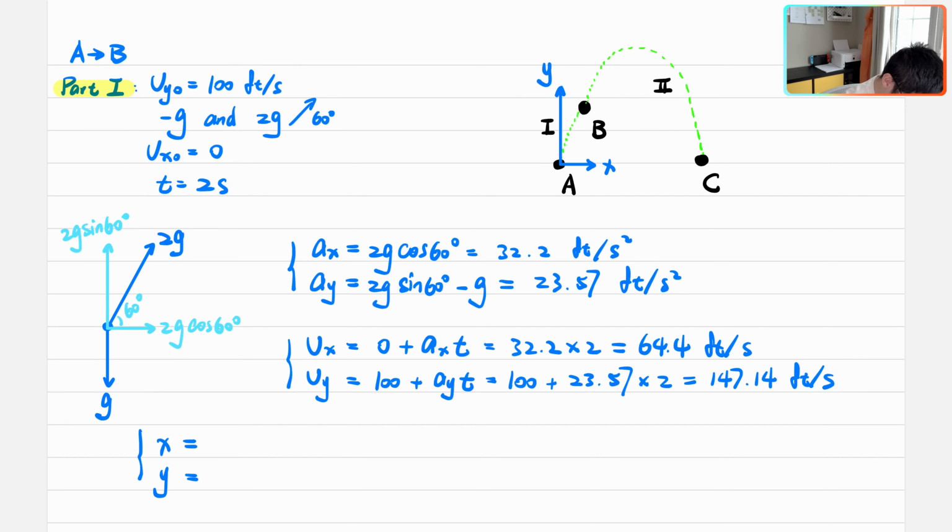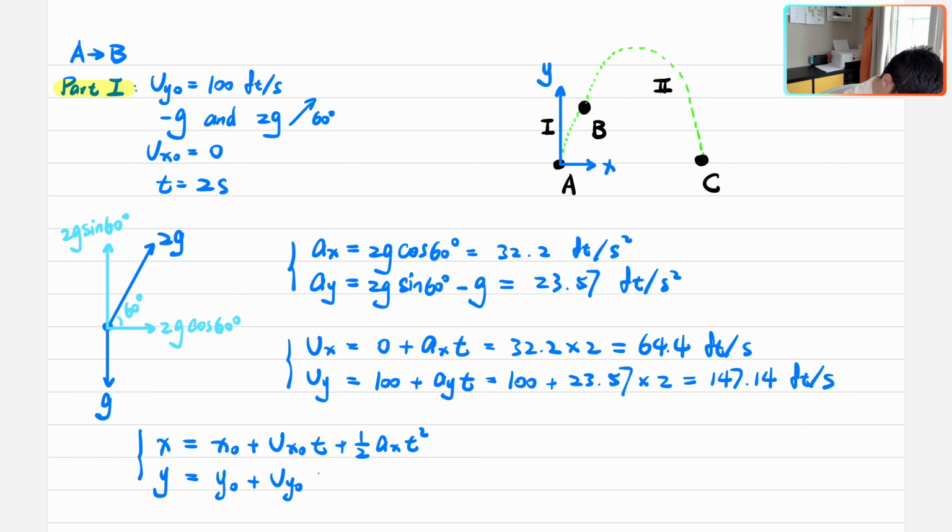Displacement. X naught plus Vx naught t plus 1/2 ax t squared. Remember, t is 2 seconds, just in case you're wondering. 2 seconds, it's the same here. 2 seconds, 2 seconds. For y, same thing.